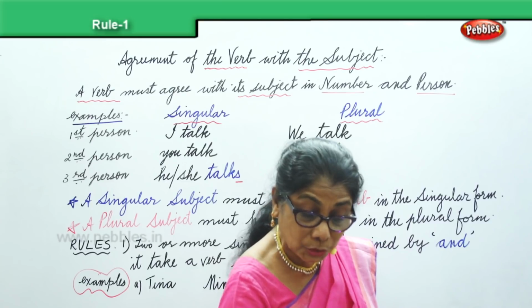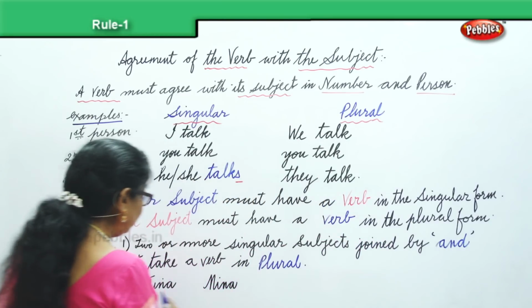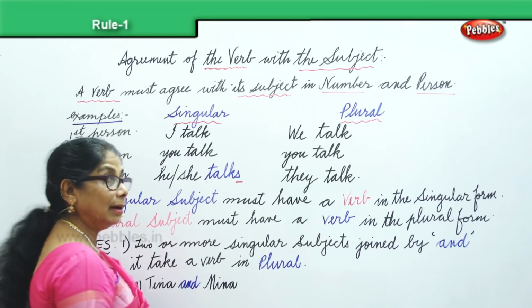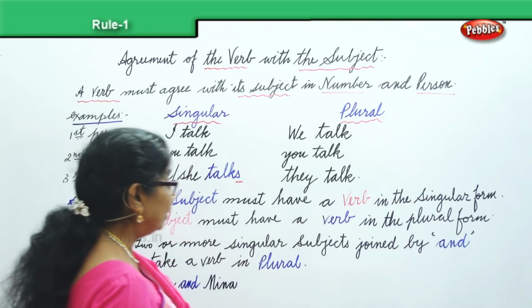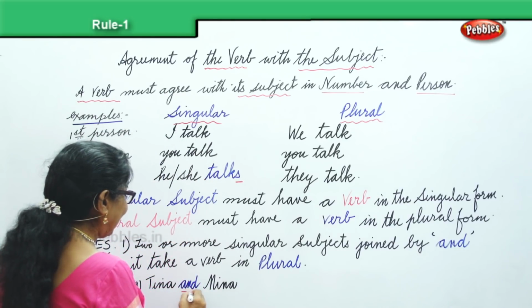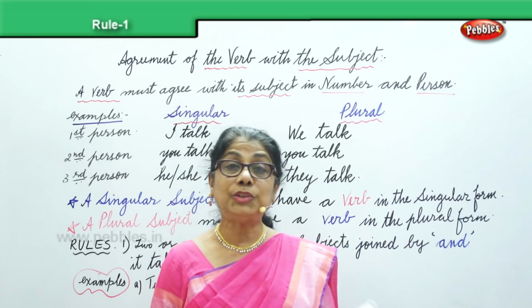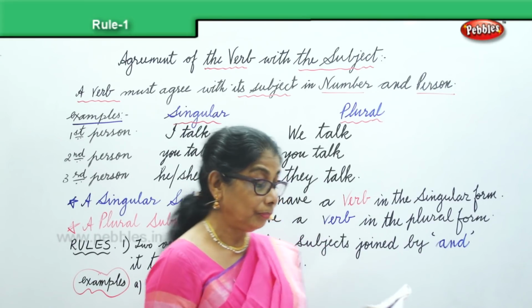Now we are joining the two singular subjects with and. Tina and Meena. Two singular subjects are joined by and.